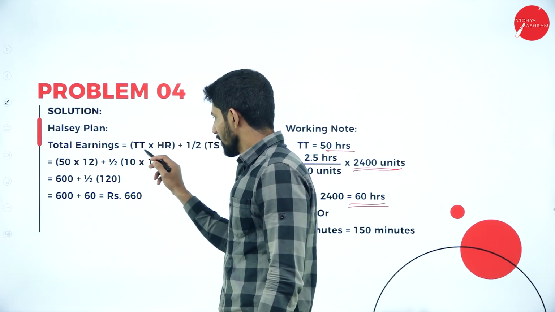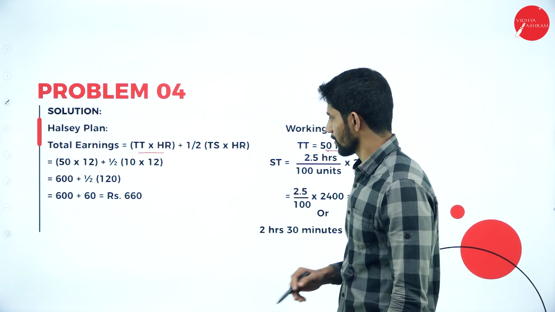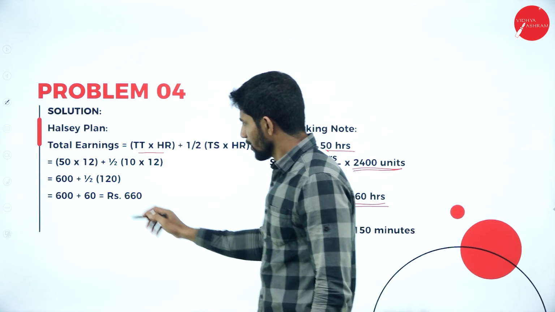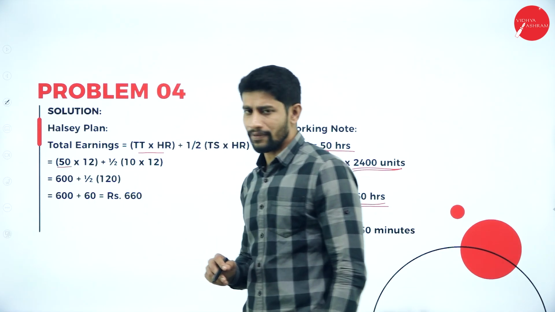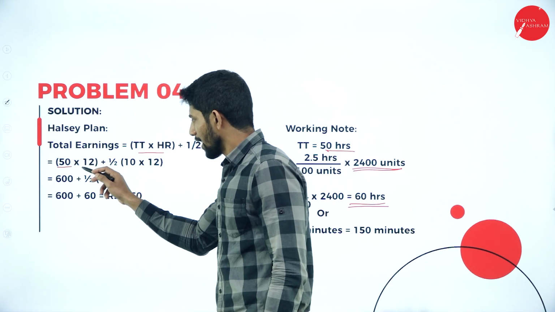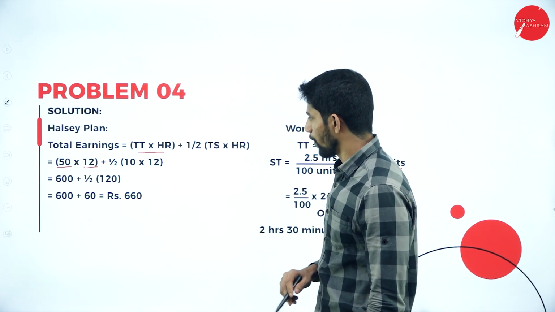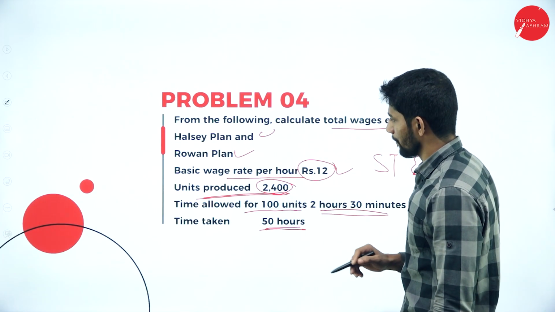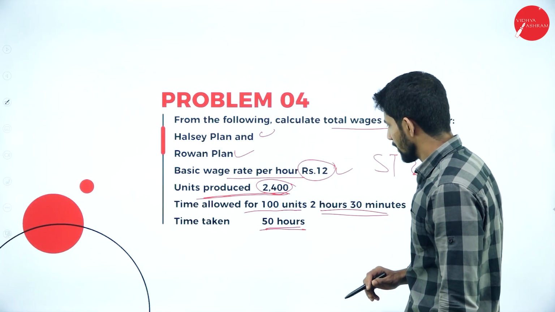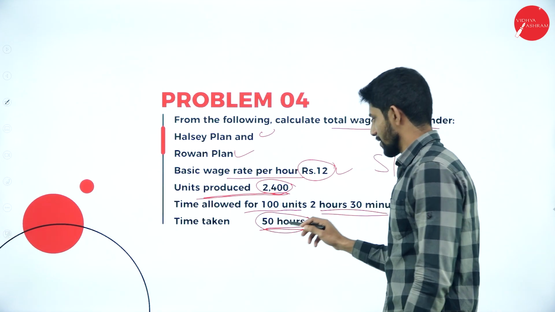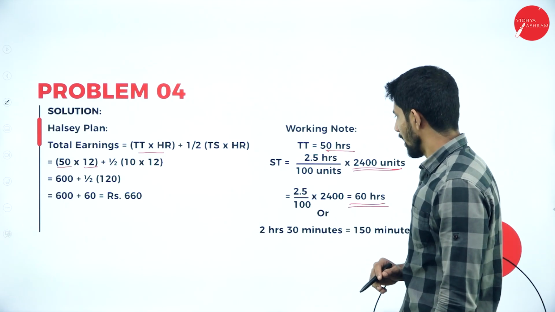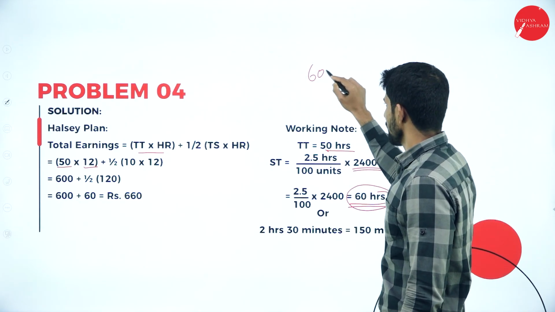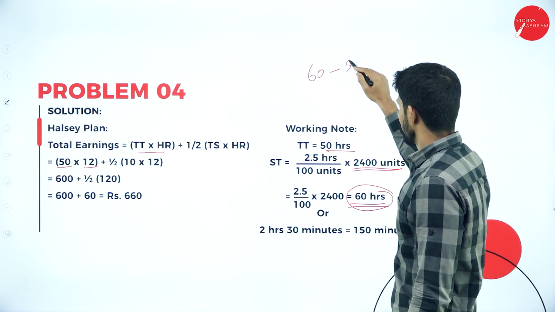So now apply the formula under the Halsey plan. What is the formula? Time taken into hourly rate plus half of time saved into hourly rate. Here time taken is 50 hours, given in the problem, and per hour they get 12 rupees, plus half of time saved. The standard time is 60 hours, minus time taken of 50 hours.